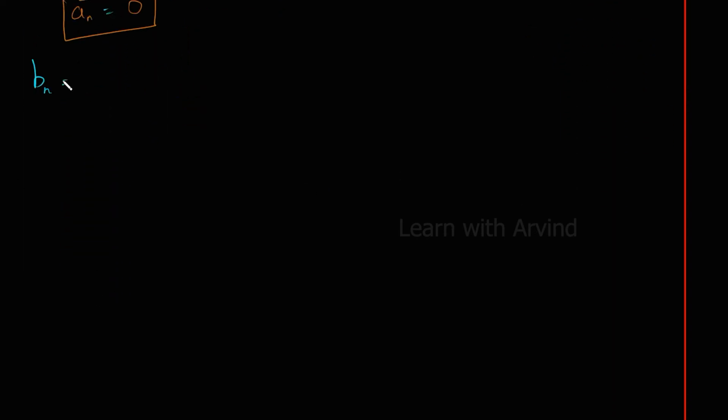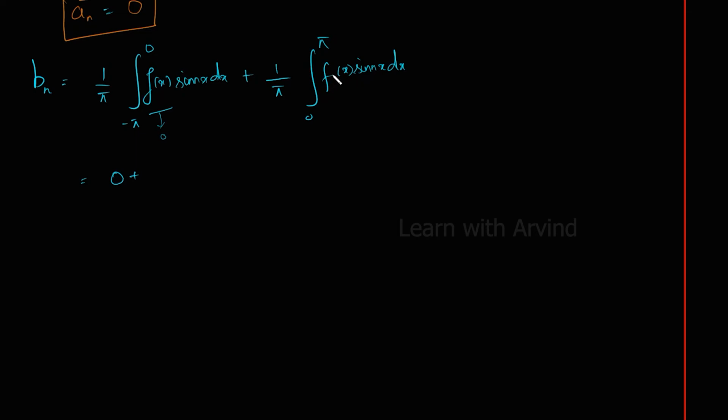B n is equal to 1 by pi integral from minus pi to 0 of f of x sin nx dx plus 1 by pi integral from 0 to pi of f of x sin nx dx. Since the value of f of x is 0, the first term would become 0, plus f of x is h, which is a constant, so it is h by pi integral 0 to pi sin nx dx.